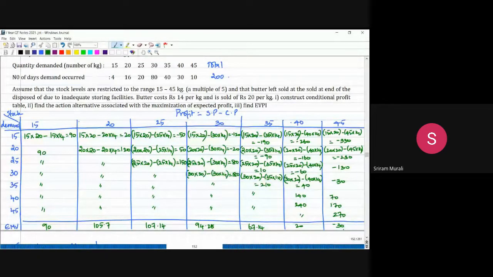Now what is a maximum? This is your first maximum. Then 120, then 150, 180, 210, 240, 270.